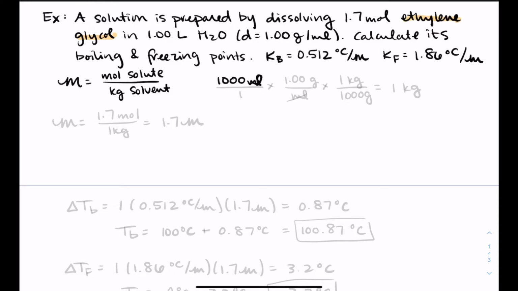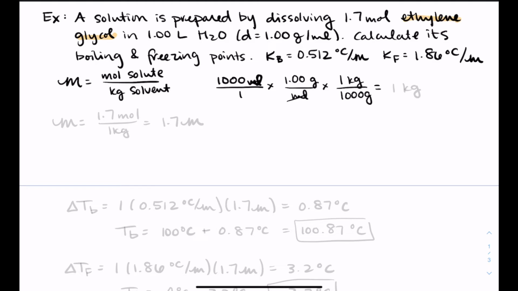Okay, so molality of the solution, we need moles of solute per kilogram of solvent. We're given the moles of solute, so it's 1.7 moles of ethylene glycol. And we're given the volume of the solution, but the density is in grams per mL.